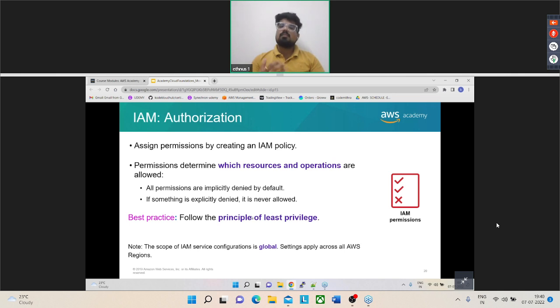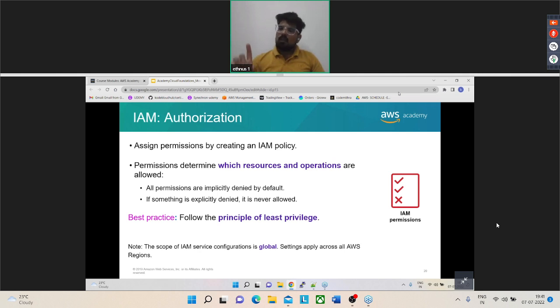Okay. So permissions determine which resources and operations are allowed. I told you in the starting, whenever you create any new IAM user, that user has zero permissions. He or she cannot do anything in the account because by default everything is denied. Whenever you create a particular user, that user won't be able to use any services until and unless you allow the usage of some services through an IAM policy.